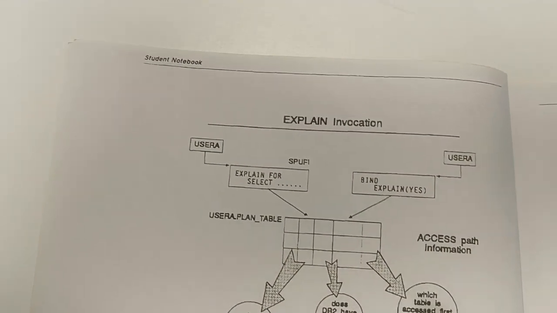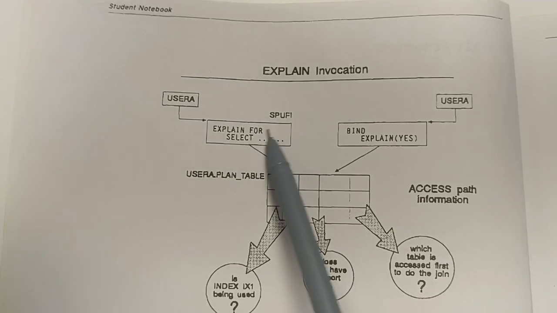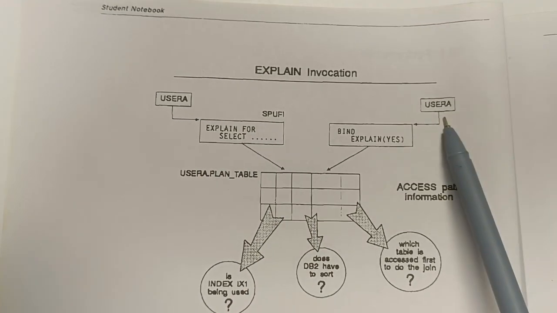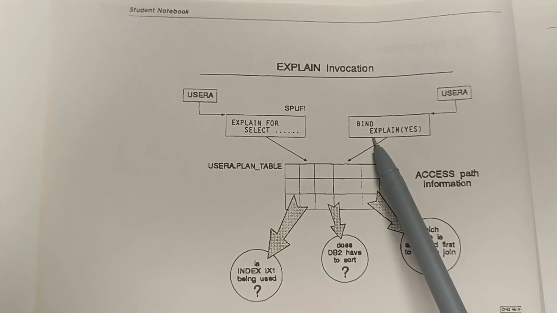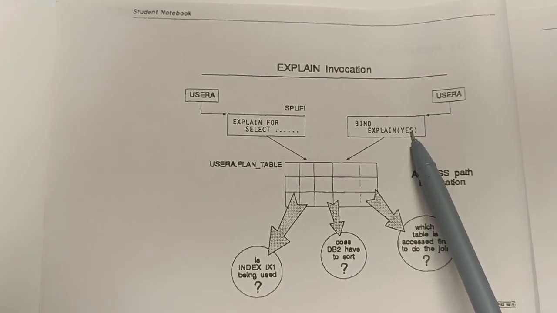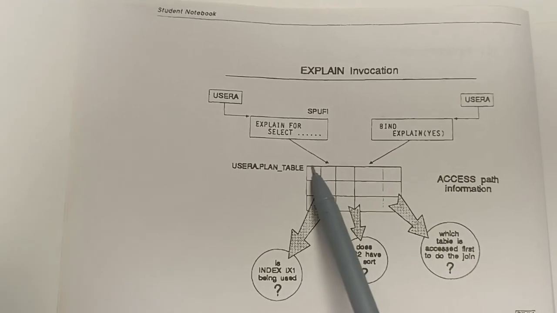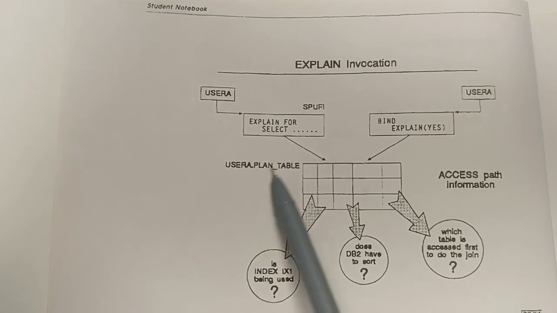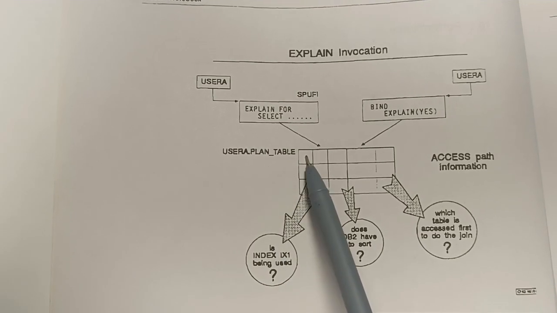What is the output of the explain function? We can invoke the explain function in two ways. One is by using SPUFI. Another is that while doing the bind, we have to mention EXPLAIN inside the brackets, EXPLAIN(YES). Once you give this command, the output goes to the PLAN_TABLE.